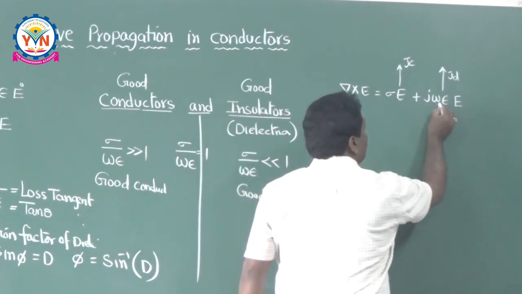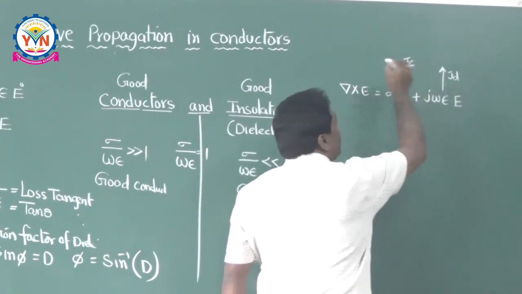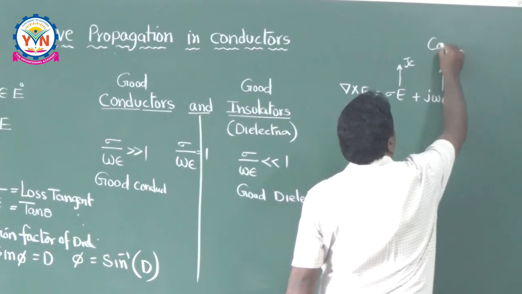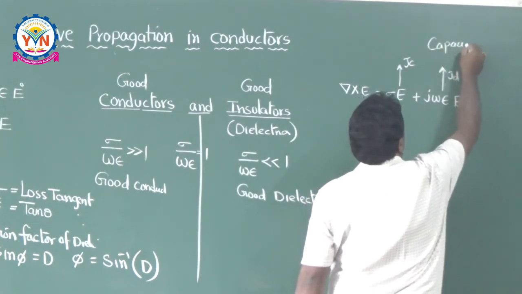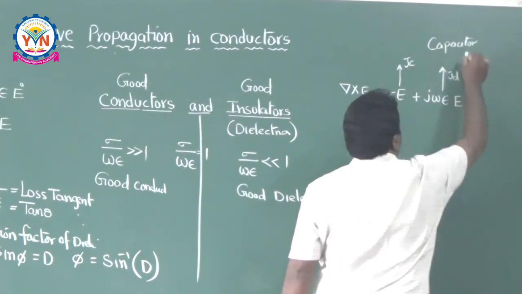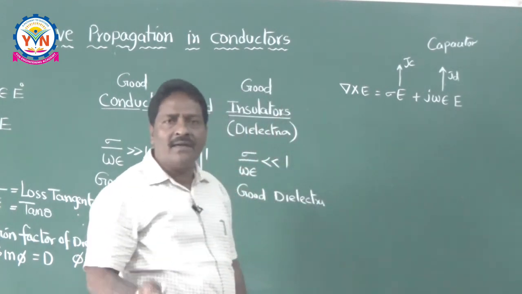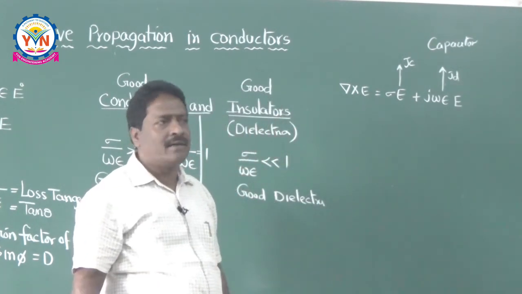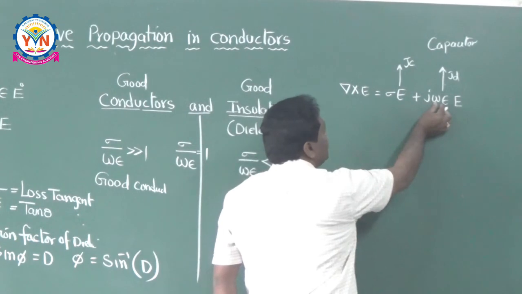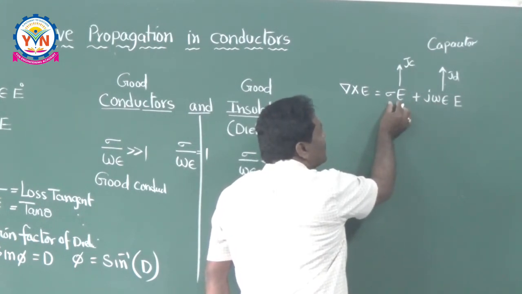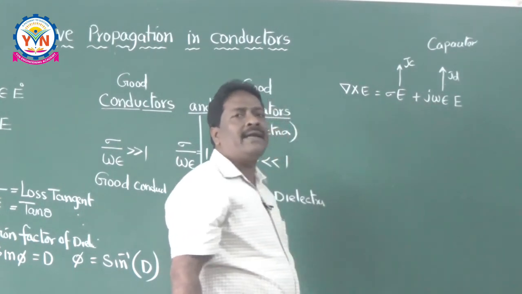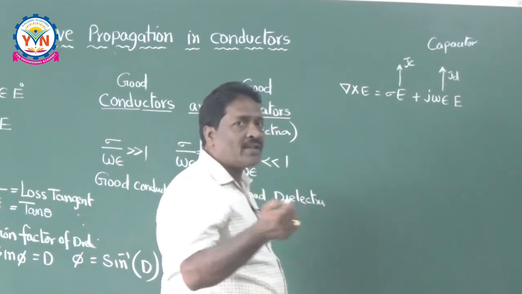This displacement current density is generally observed, and the best example is a capacitor. Whatever current actually exists in the capacitor is nothing but your displacement current density. So displacement current density is leading the conduction current density by how many degrees? 90 degrees. That's why, can I go for the vector diagram?